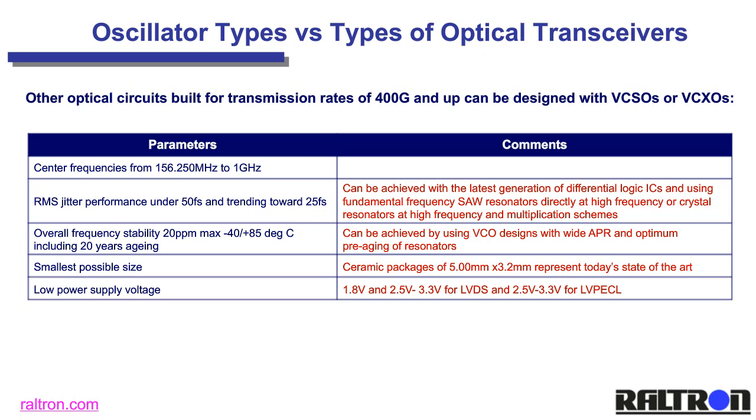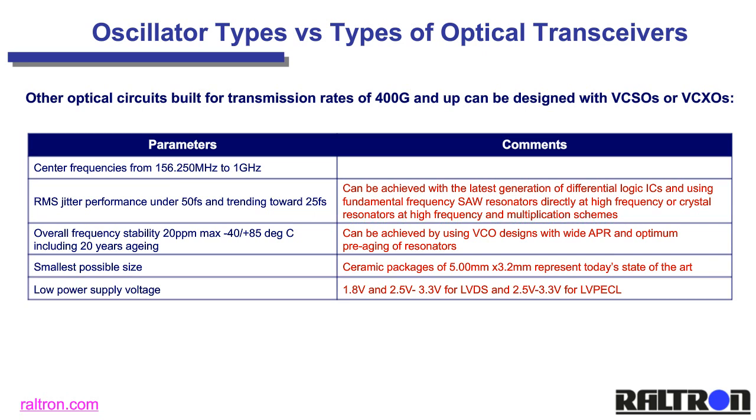So the frequencies can be 156.250, but they can go up to 1 gigahertz or even more. So we have today designs that go to about 1.5 gigahertz. Remember, now I'm not talking about clock oscillators, but I'm talking about voltage-controlled oscillators with crystal or with SAW device inside, which is the element that is conferring the frequency.